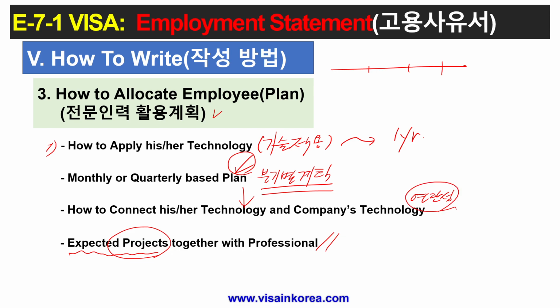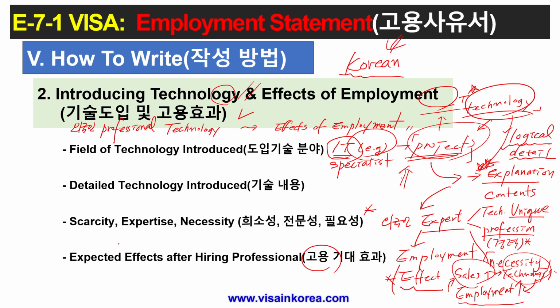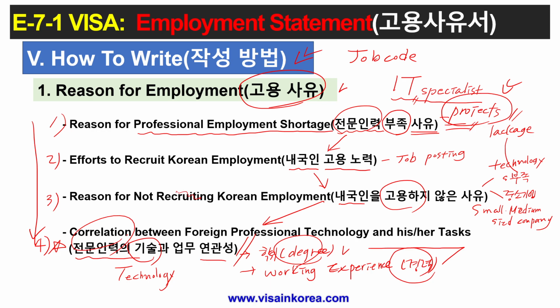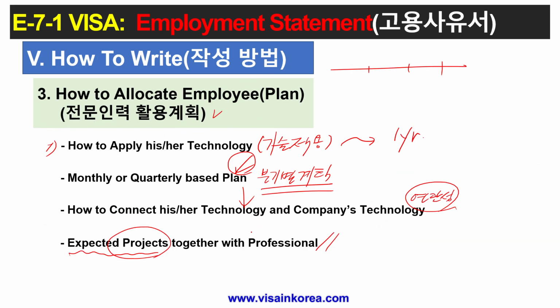And after that, this is almost related to connections, like correlations between professional technologies. So how to apply this technology into our project, and how to mix our technology with it. Using his technology like this and our current technology like this, we can make our project more professional and successful.